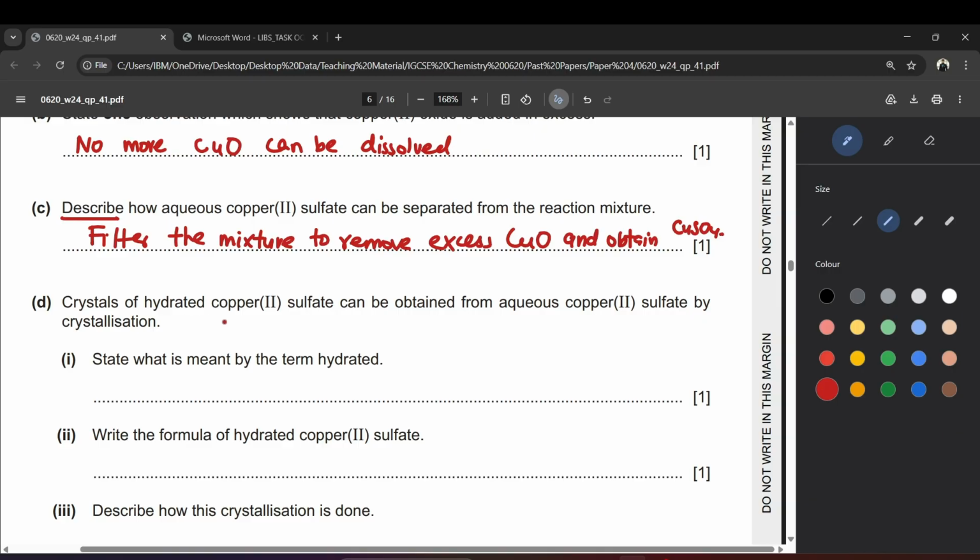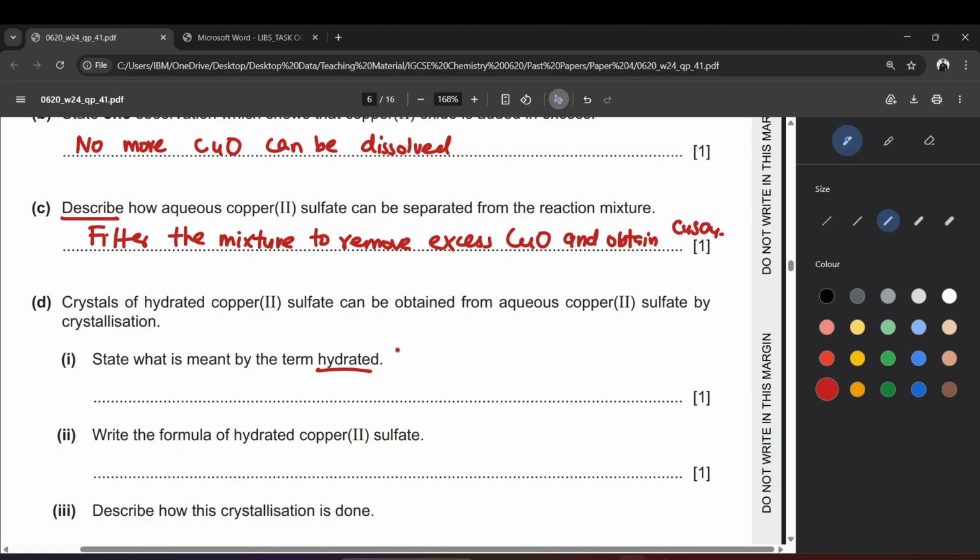Crystals of hydrated copper 2 sulfate can be obtained from aqueous copper 2 sulfate by crystallization. State what is meant by the term hydrated. Now, when we talk about the crystals, right, we call the crystals that these are hydrated salts. So, what we actually mean by that is that within the crystals, the water molecules are embedded into it. So, they are chemically combined inside your salt, inside that crystal.